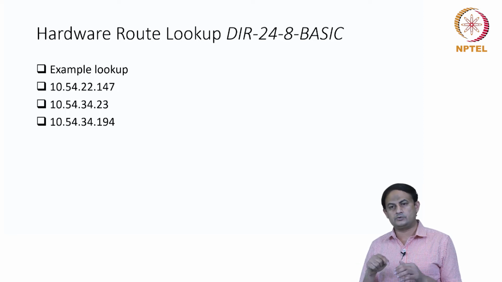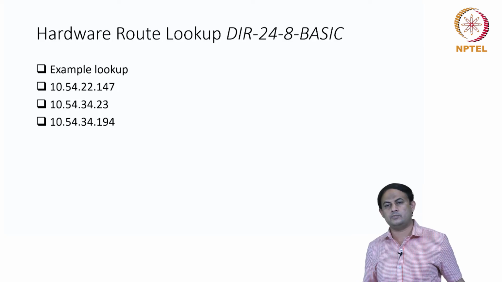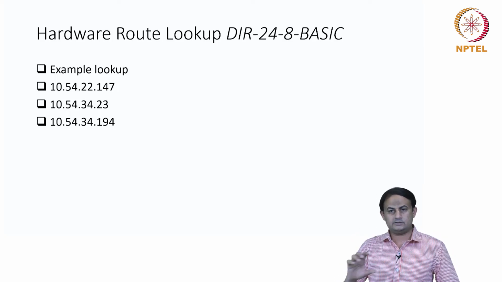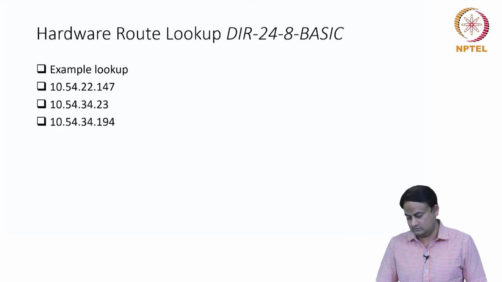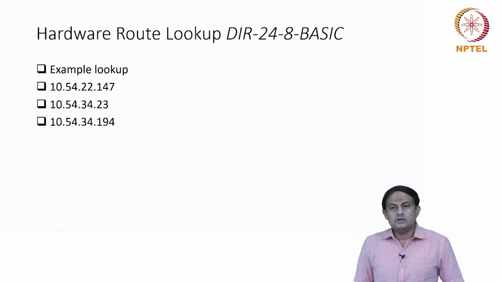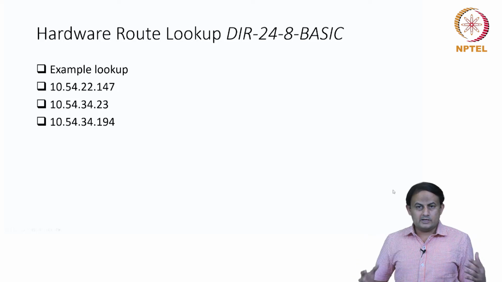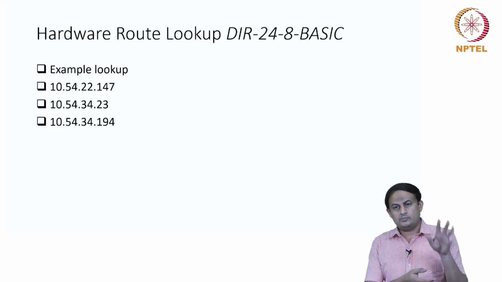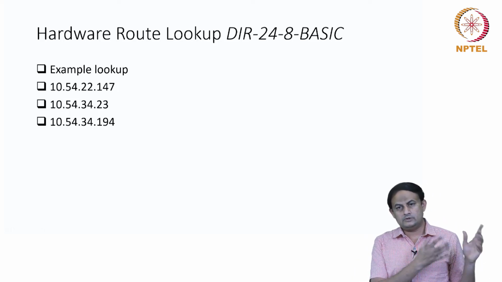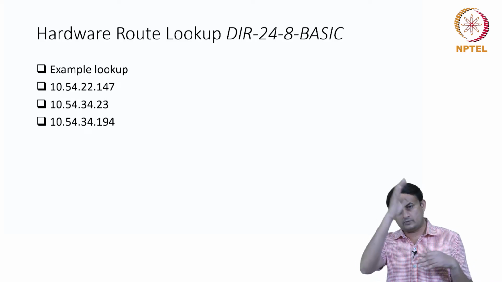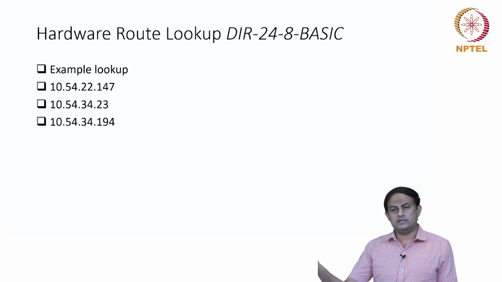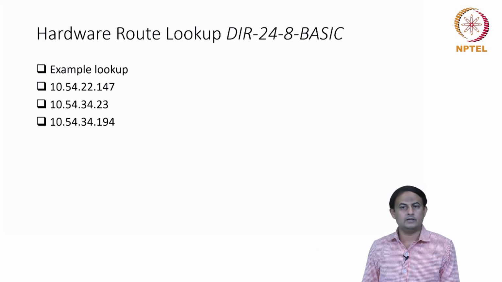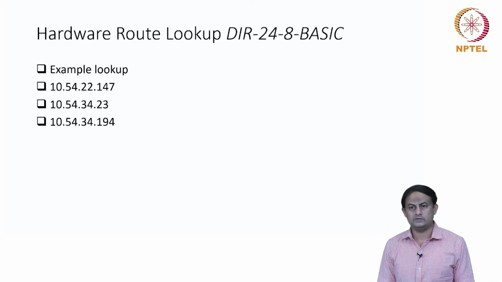Otherwise, that will store an index to the starting point for the expansion of this series, which is indicated in that particular IP prefix. So that's how, with two memory references, first you find out in the 2 to the power of 24 table, the 24-bit table, and then the next one is the 8-bit table. So that's how this lookup is done.